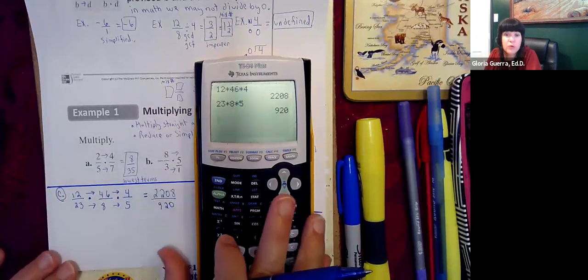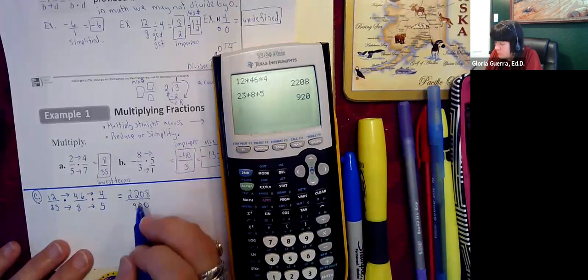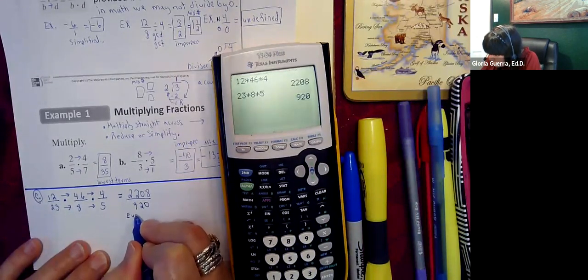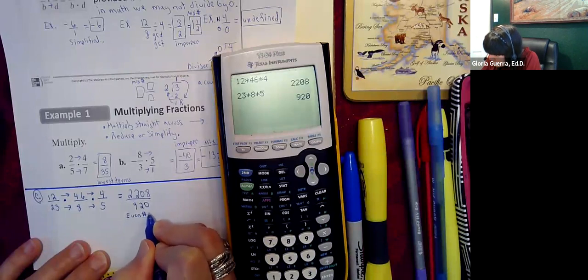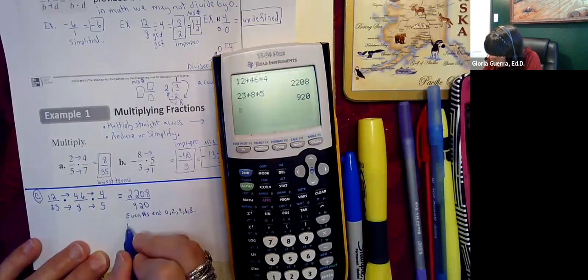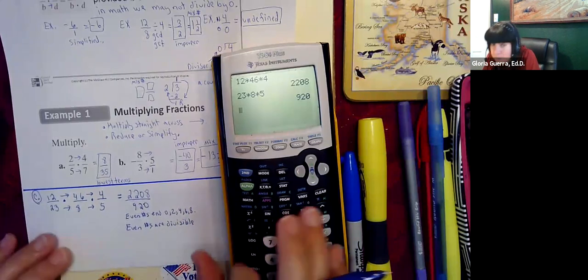But you know these are even numbers, even numbers ending in a 0 and a 2 and a 4 and a 6 and an 8, and you know that even numbers are divisible by 2.